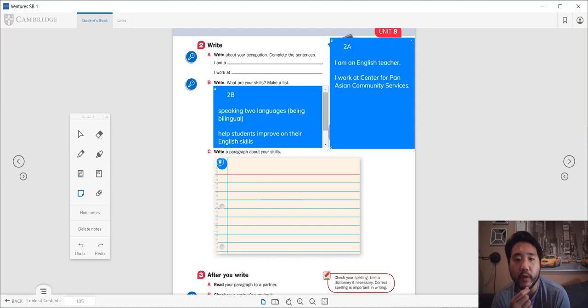Another language I can speak is Korean, so I can help Korean students who aren't very good at using English. It's a helpful skill as an English teacher. The second skill is just helping students. It doesn't matter if they're Chinese, Mexican, or Russian. I can help them improve on their English skills.